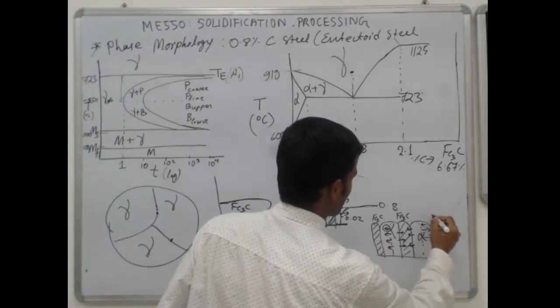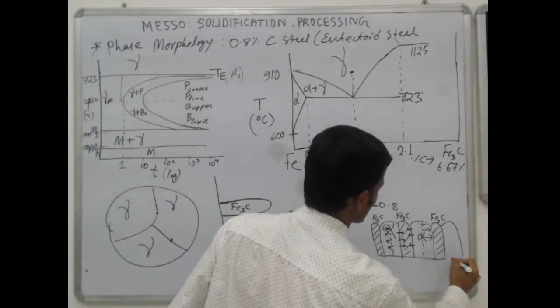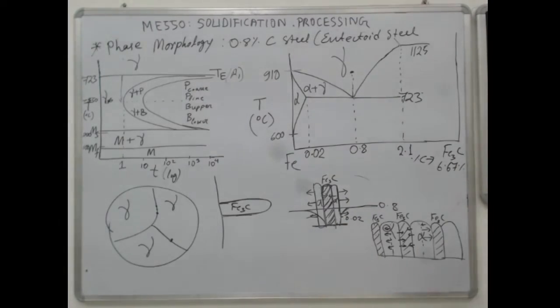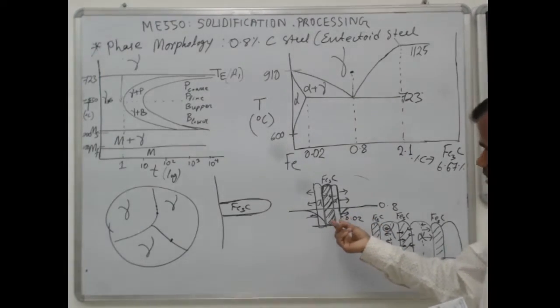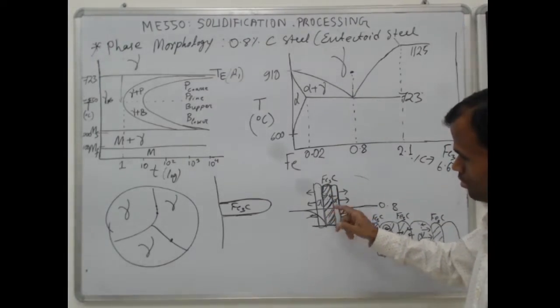That is how you get alternate layers of alpha and Fe3C. Again, once Fe3C is formed, how is it formed?